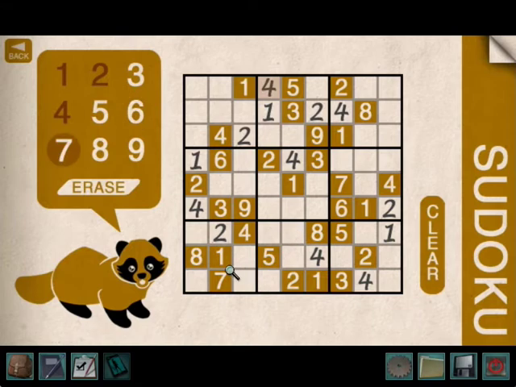Let's see, 7s. We had to put a 7 there. Eights. Okay, thankfully this is a little more straightforward. Has to go up there by process of elimination.